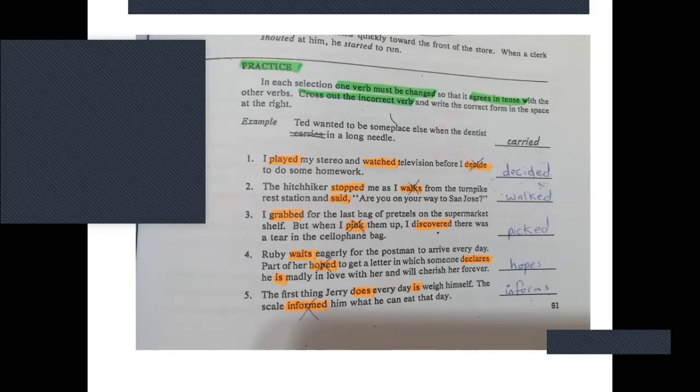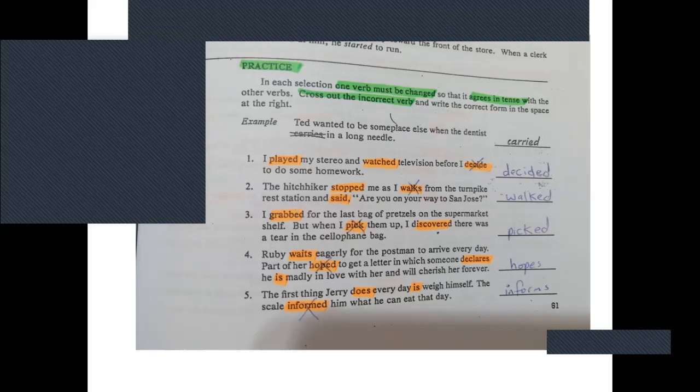When we include words between the signs, هدول التو signs بنسميهم quotation signs, or you can call them 66 and 99 because you write them like 66 and you close it like 99. Inside the quotation, it's okay to choose any tense because those were his exact words. So we don't need to change the tense over here. Leave it. So whenever you see quotation marks, ما إلك دخل فيها. Work with the other parts of the sentence, okay?